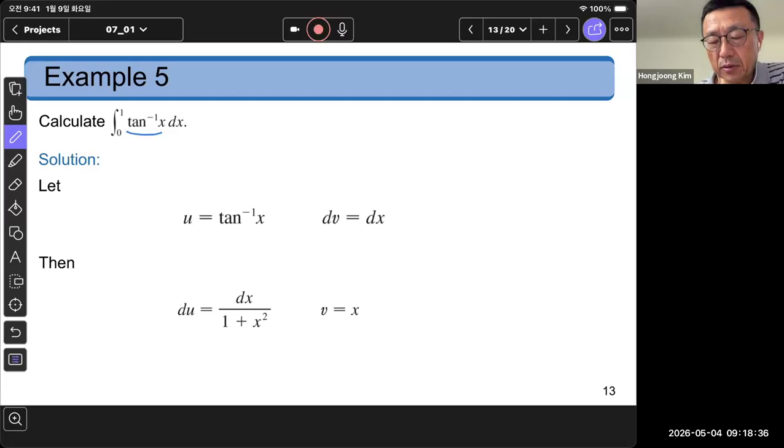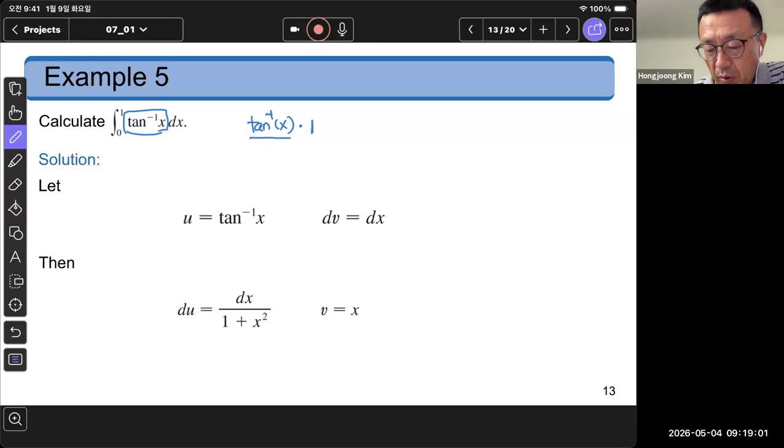So in this case, even though you have a single function as your integrand, I can regard this integrand, the arctangent, as the product of two functions. One is definitely the arctangent, the other one is the constant 1.